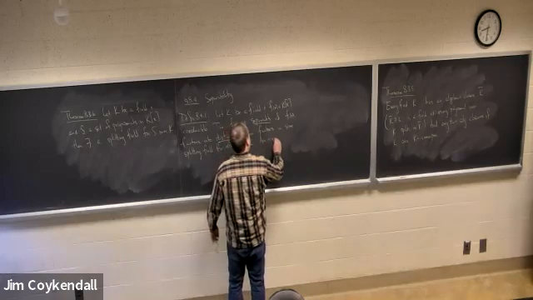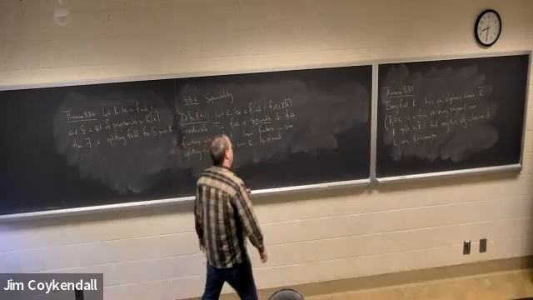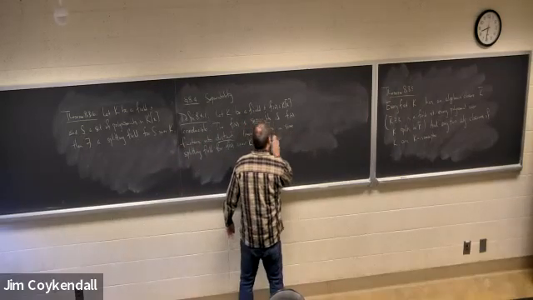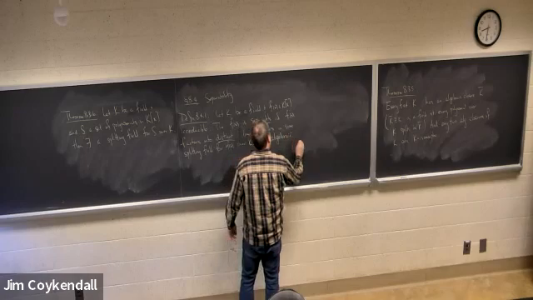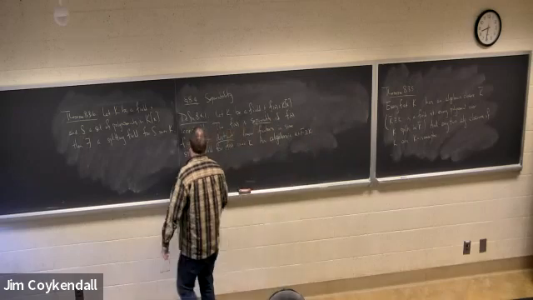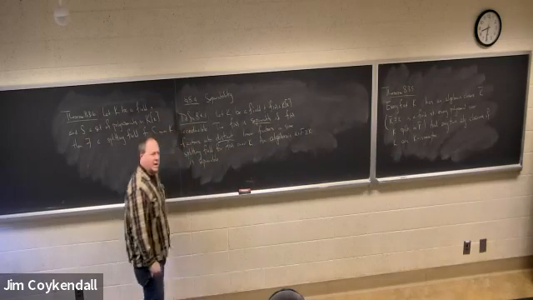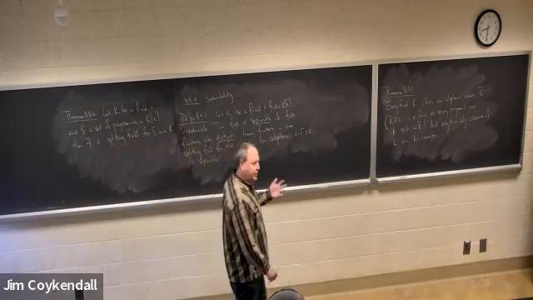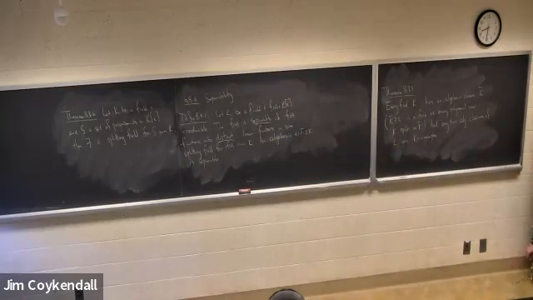An algebraic element u in F, some field extension containing K, is separable... By the way, you might want to guess. We know an irreducible polynomial is separable if in a splitting field it splits into distinct linear factors. What do you suppose it means for an element to be separable?